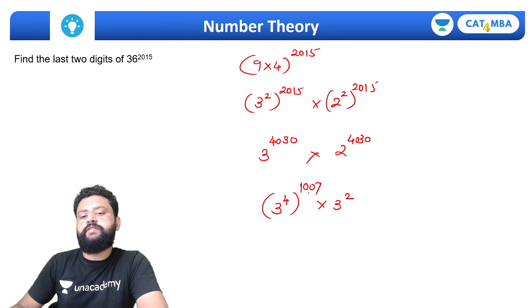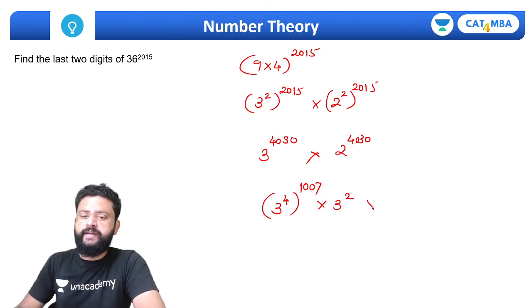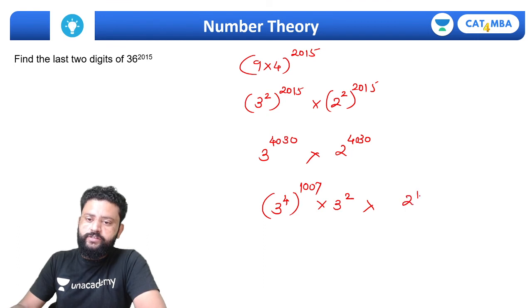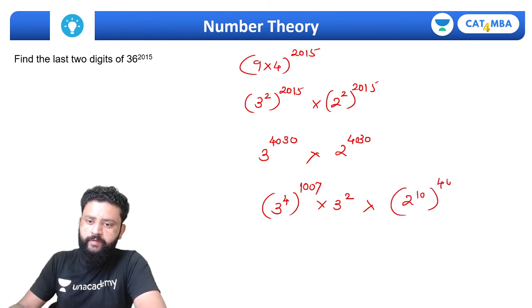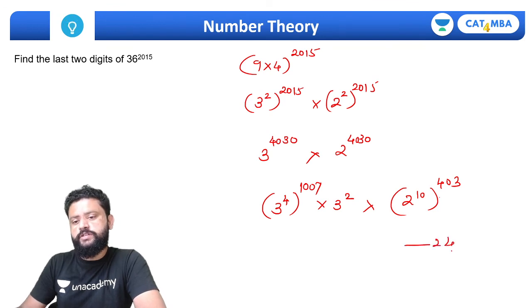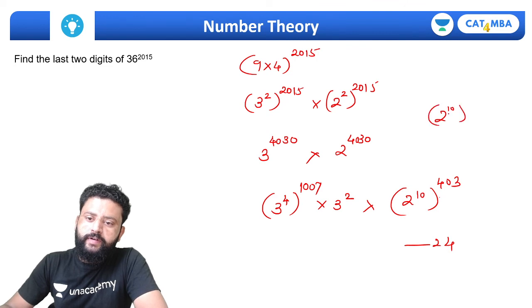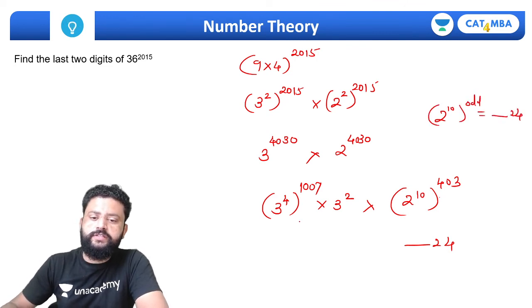ये हो जाएगा 7 4s are 28, 4028 और दो साइड में रखे मैंने, and this can be written as 2 to the power 10 का power 403, which is an odd power of 10. This will end with 24. 2 to the power 10's odd power will always end with 24. So that's the shortcut.